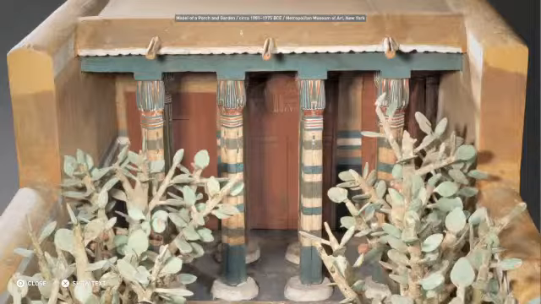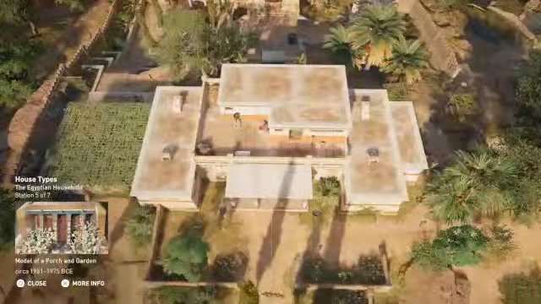I guess that would be a picture of a richer person in ancient Egypt, where a pure white house, with no decorations and everything, would be signified by poorer people, in other words.